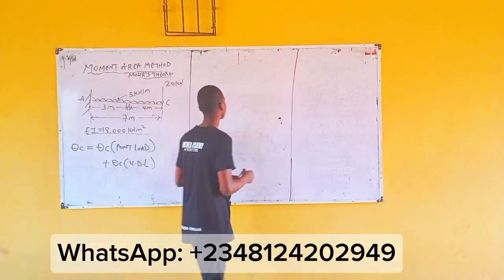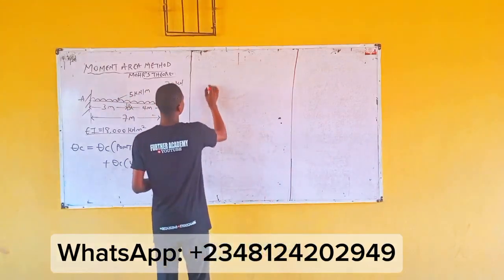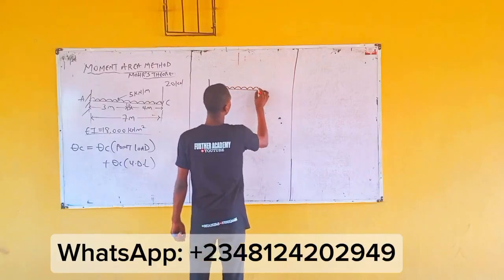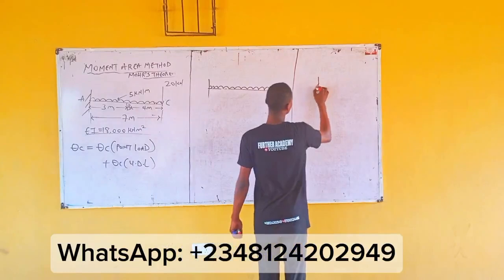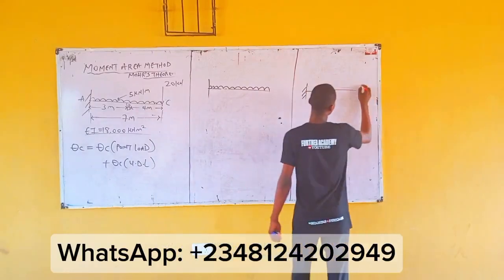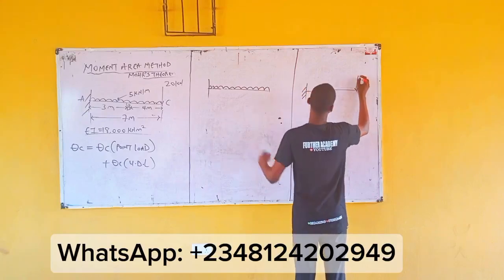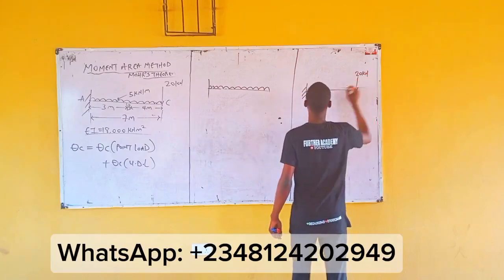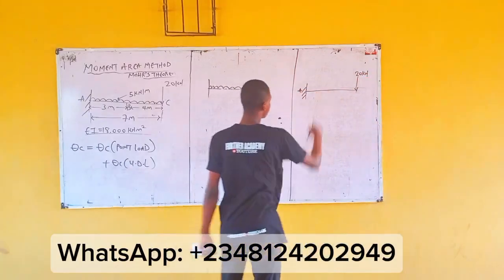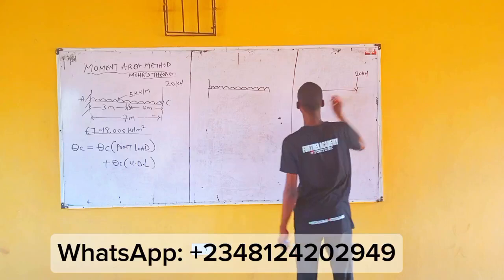So, solution. Draw your beam due to UDL, and your beam due to point load. For your beam due to UDL, what's the value of your UDL? 20 kilonewton. What's the value of your point load? 20 kilonewton.